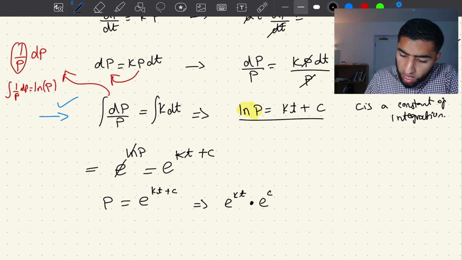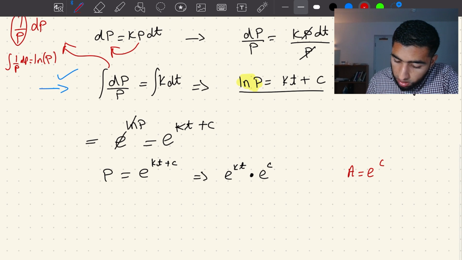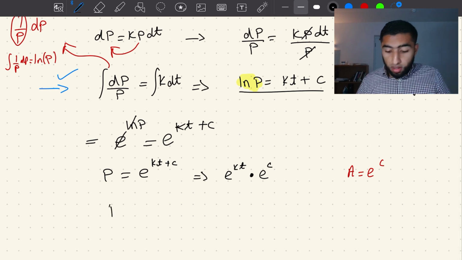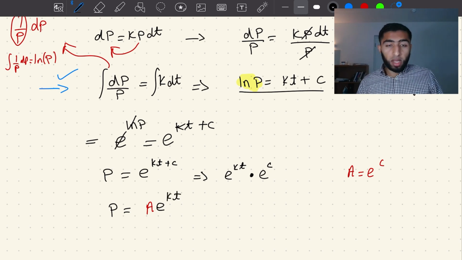Therefore, I can rewrite this entire expression as p is equal to a, where a is a constant, as defined earlier, times e to the kt. So very good. I mean, this is essentially the solution. And now, if I'm given a time, the variables or quantities, and initial conditions, I can find the dynamics of the population and how it changes with time. Thank you very much, and thank you for listening.